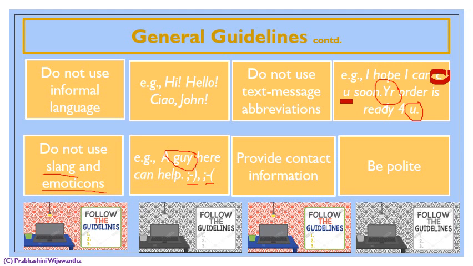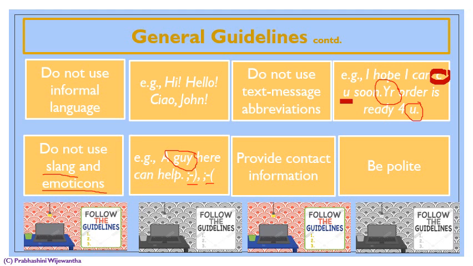Provide contact information. As this is a form of written document, sometimes the other party, the reader, may need certain clarifications. Even though you have mentioned all the necessary information in the document, the reader may need to contact the writer back. If you are sending an email, obviously the reader has the writer's email address, so they can reply.